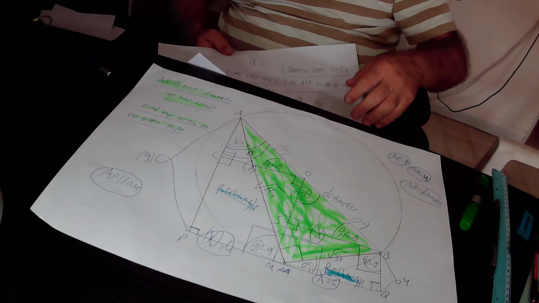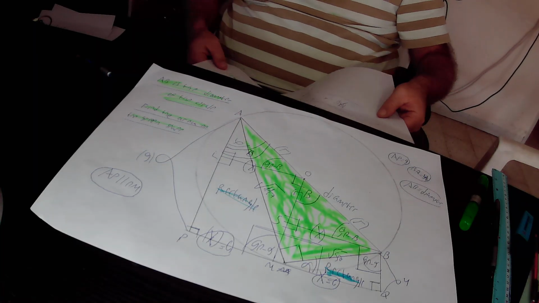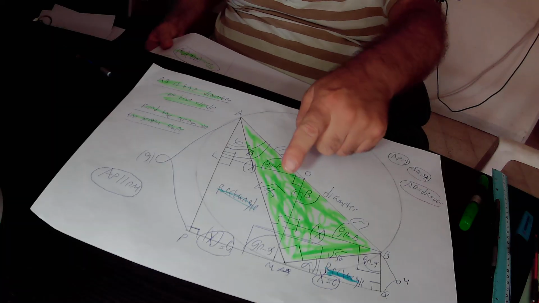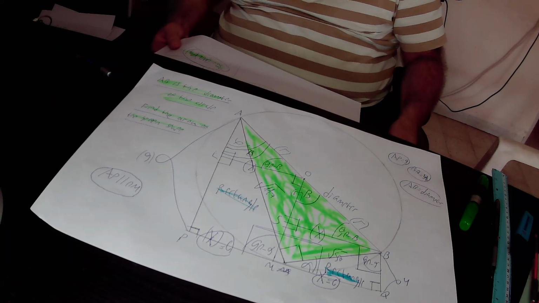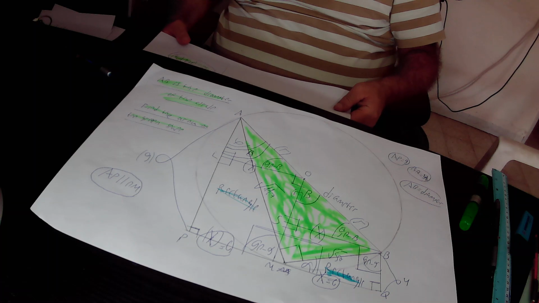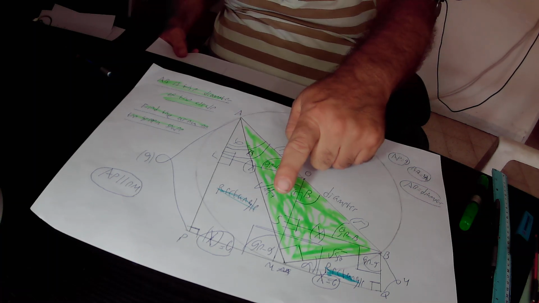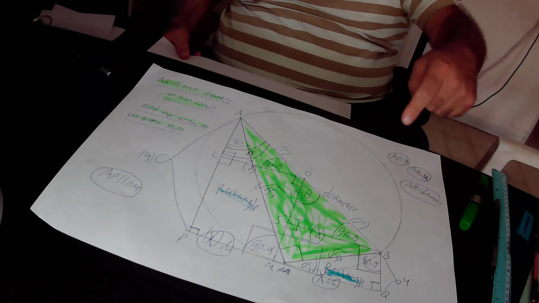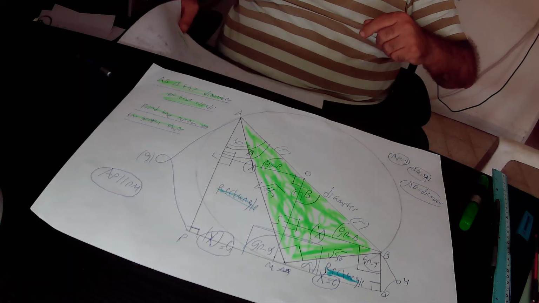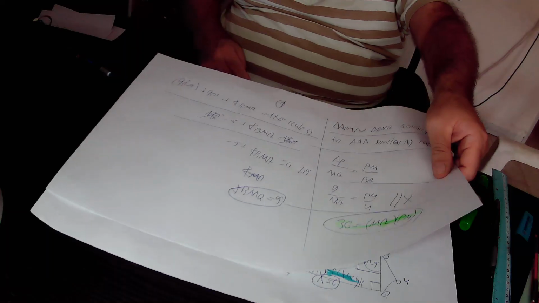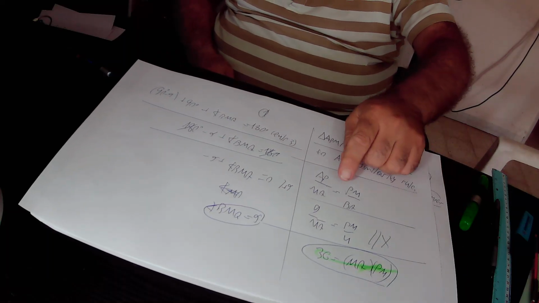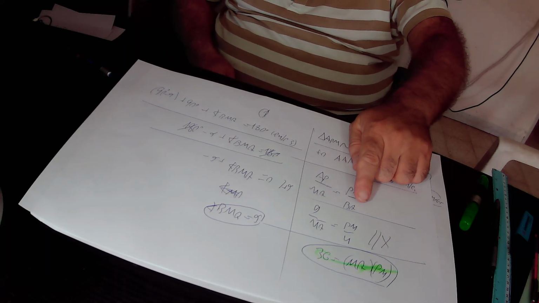AP is 9, MQ is the missing side, PM is also the missing side, and BQ is 4. So 9 over MQ equals PM over 4.